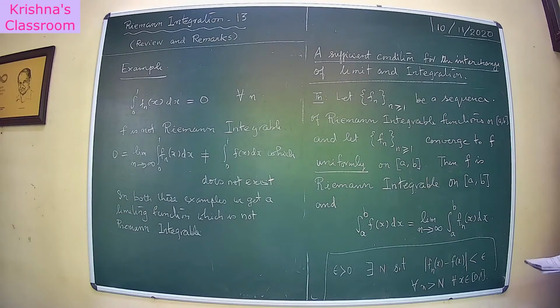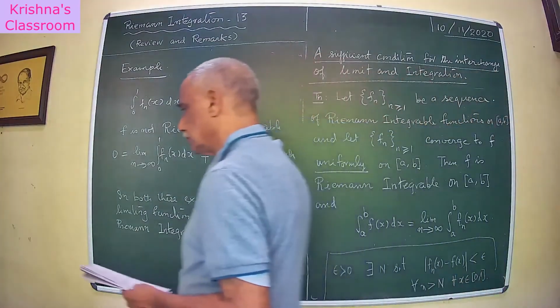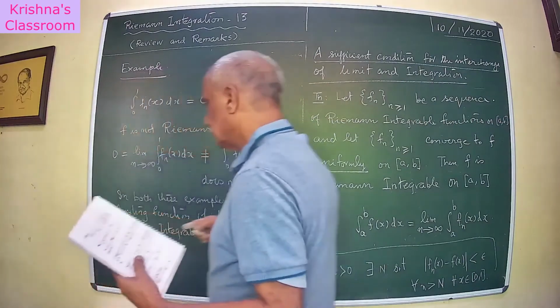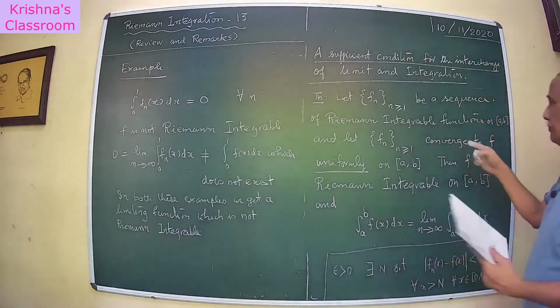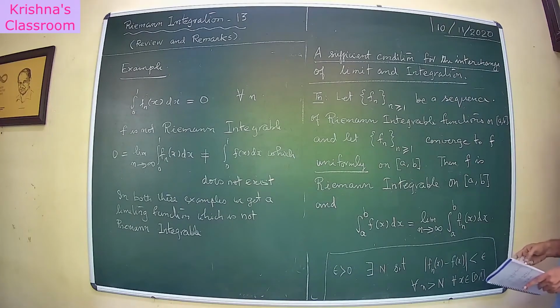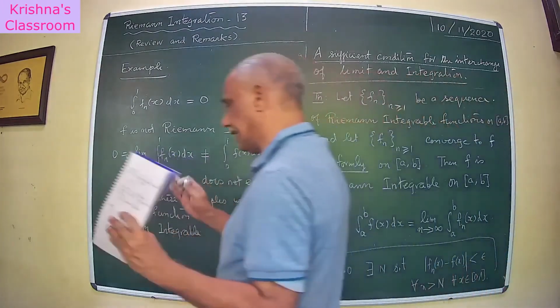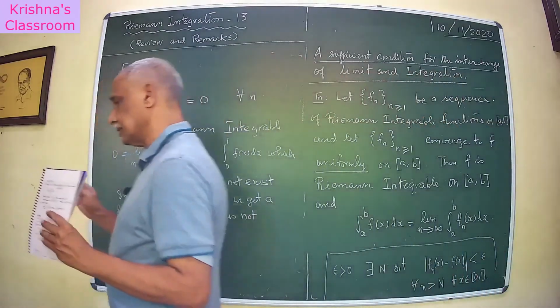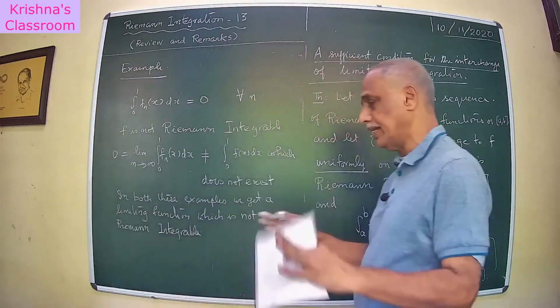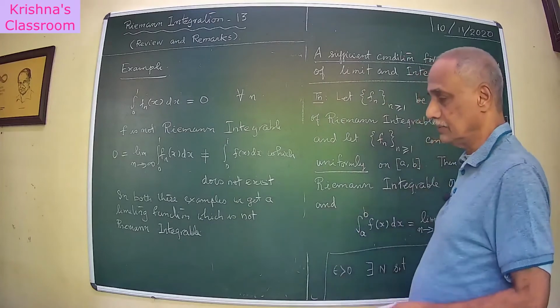In the second example also you can see that this actually fails to happen because, at a finite set of points f_n is 1, otherwise 0, and as n becomes larger and larger, it spreads from a finite set to an infinite countable set.